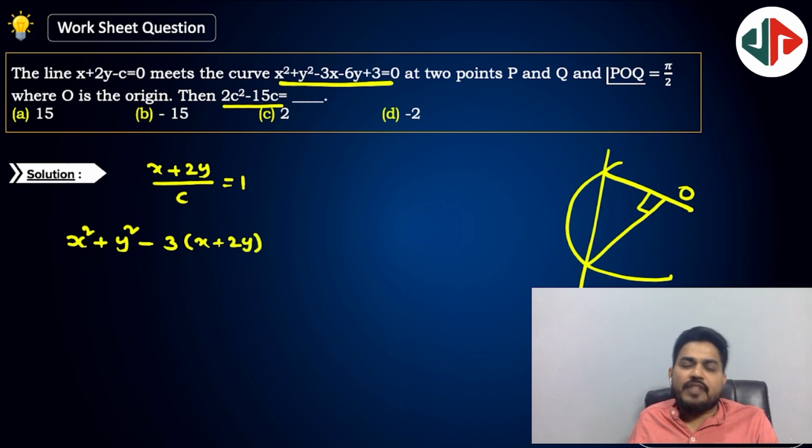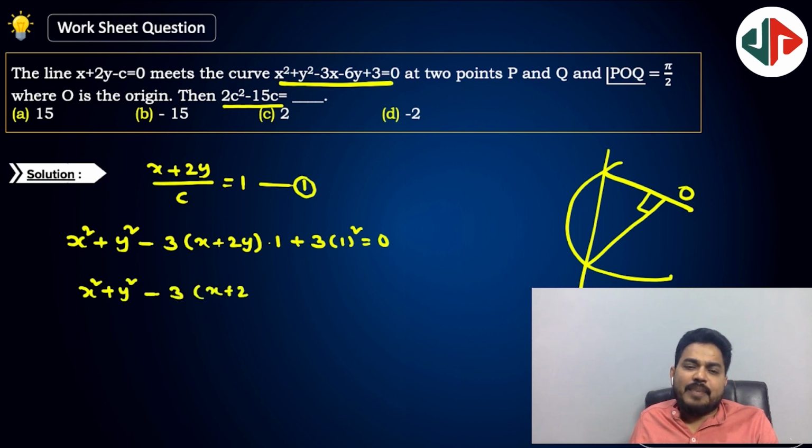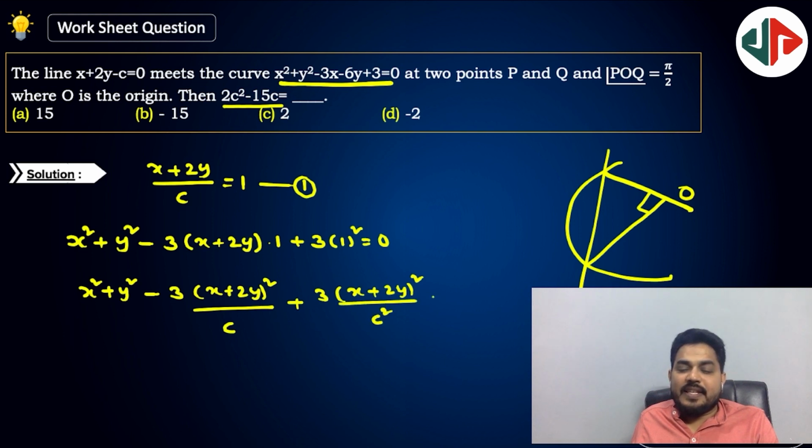So both are first degree terms. So to make it second degree, I will write 1 and plus 3 into 1 square is equal to 0. In place of 1, I will write this value. So it will be x square plus y square minus 3 times (x plus 2y) whole square by c plus 3 times (x plus 2y) whole square by c square is equal to 0.